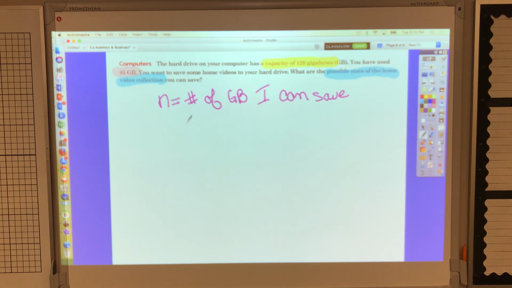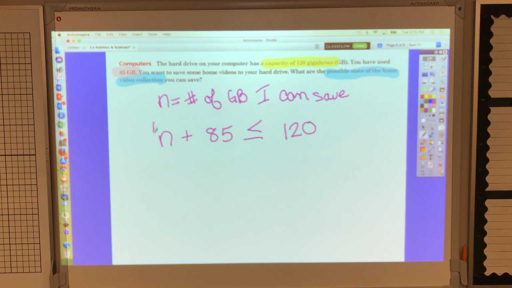So to find that, we're going to have the number we have available plus the 85 we've already used, and we know that the maximum that can total is 120. And if this is my maximum, that number of gigs I can use has to be less than or equal to 120.